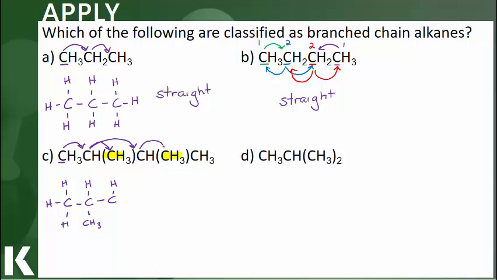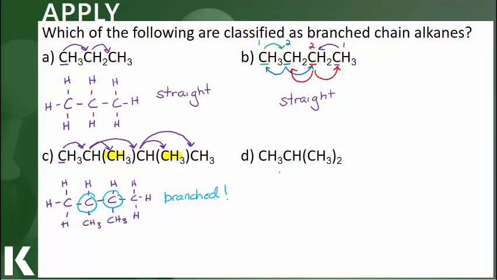It's attached to this CH3 group, and it's attached to this next carbon in line, and that final carbon is only attached to 3 hydrogens. Now, looking at this Lewis structure, what we see are 2 carbons that are attached to 3 other carbons. So this molecule here is 100% a branched chain alkane.